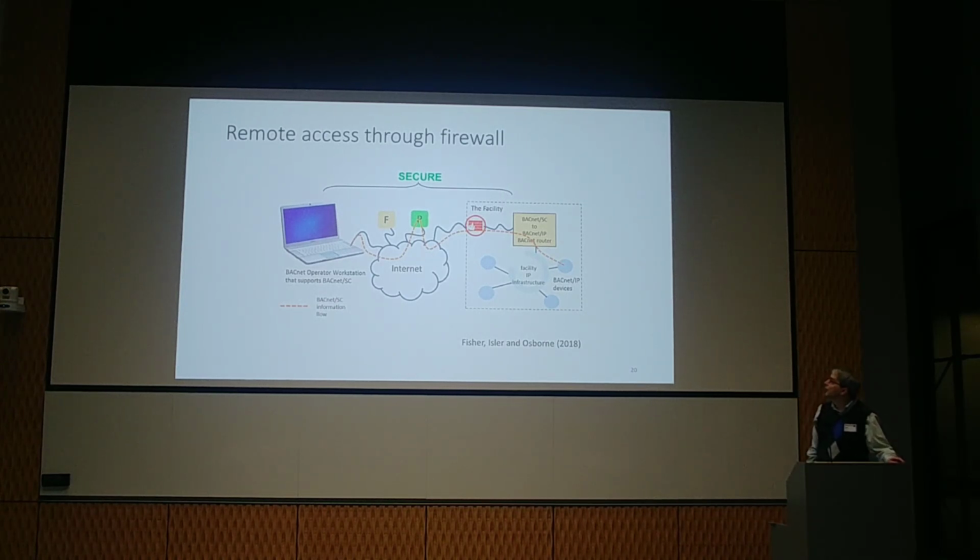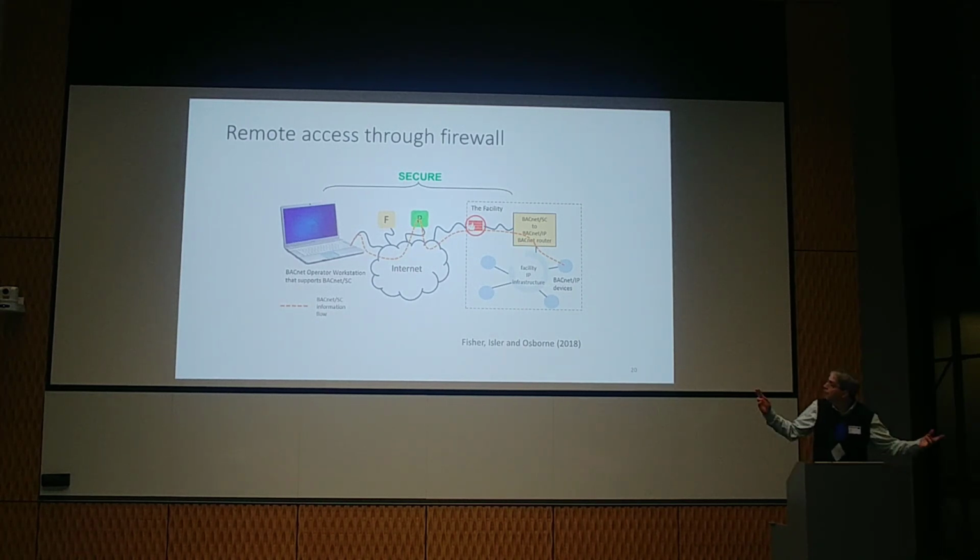And that router goes between BACnet SC and BACnet IP. And the SC part of the router is making a connection outbound through the firewall to the primary BACnet SC hub, which in this case is connected to the internet somehow. As well, the operator workstation has made a connection to that same primary hub. And that might be behind the firewall as well, although that's not shown in this particular diagram.